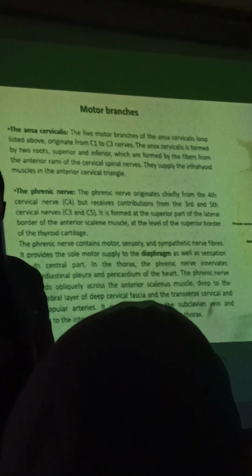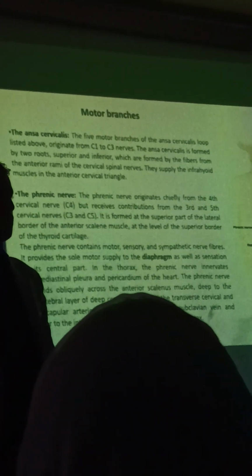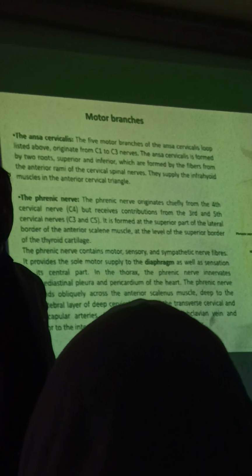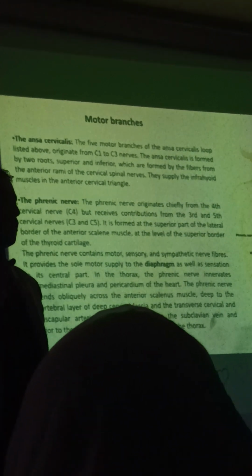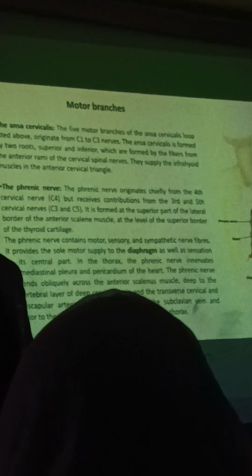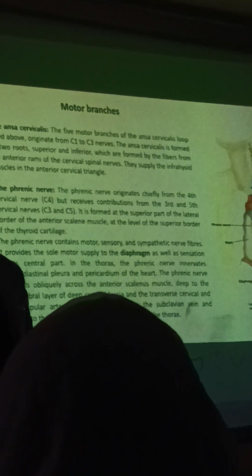So, the motor branch of the cervical plexus. Do you know the name of the plexus? The name of the plexus, which is a nerve plexus. You have studied in the limb, brachial plexus, in the lower limb, lumbosacral plexus, yes, coccygeal plexus. They are made by the anterior branches of spinal nerves.